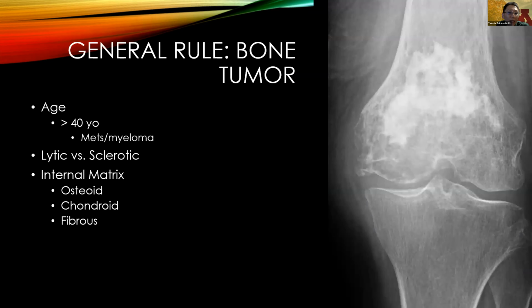As a general rule, in the big picture, obviously there's way more detail than this, but when we're looking at bone tumors, we try to think about a few different aspects. Obviously clinical information is crucial, and lots of information comes from the clinical side. But one of the things we use, for instance, is age, because certain types of tumors are much more prevalent in a certain population.